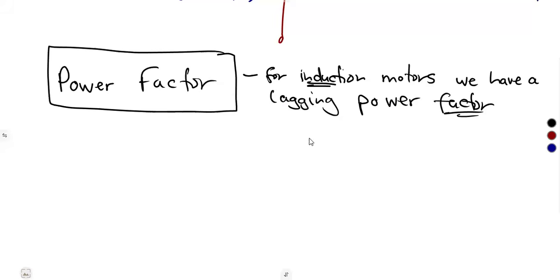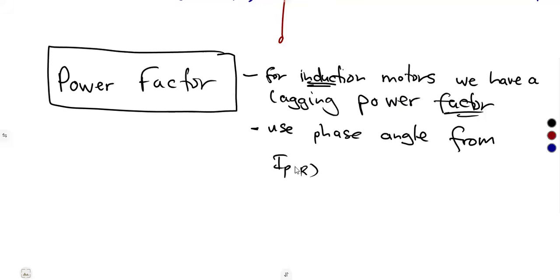And the phase angle is taken from the current. Use the phase angle from the current, which is our IPR for rotating values. The current that you'll be given, if you are dealing with rotating values, is the one that you're going to use.